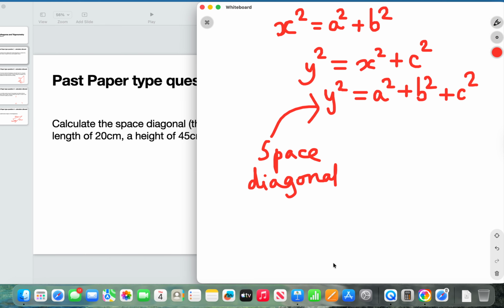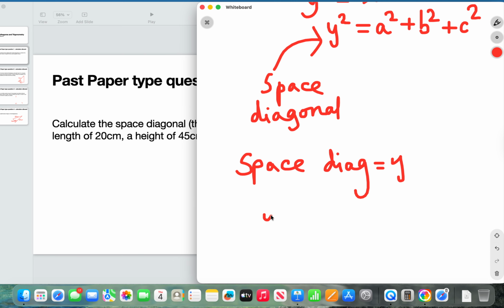So let's have a go at it then. So we're going to say the space diagonal, I will write diag for short. In this question we will call this y.